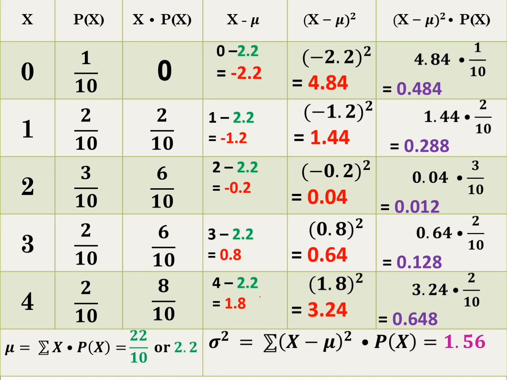Variance is equal to 1.56. And then to find the standard deviation, i-square root lang natin itong 1.56. Square root of 1.56 is equal to 1.25. And yun lang, ganun lang natin kukuhanin yung mean, variance, and standard deviation of discrete probability distribution.